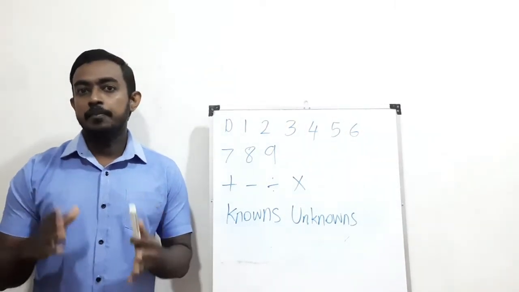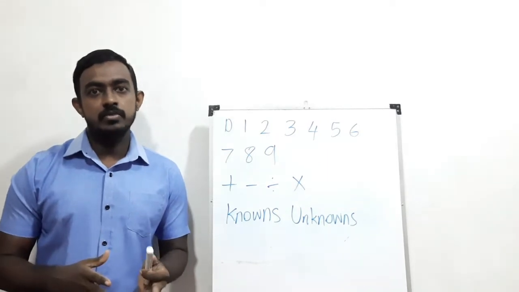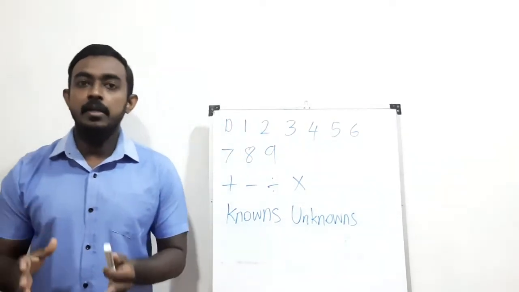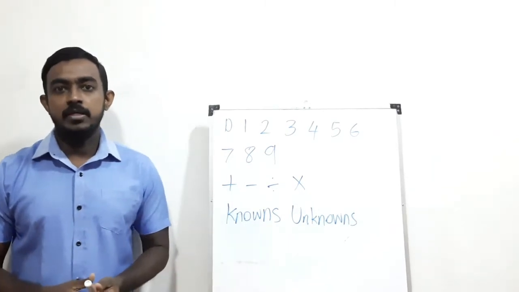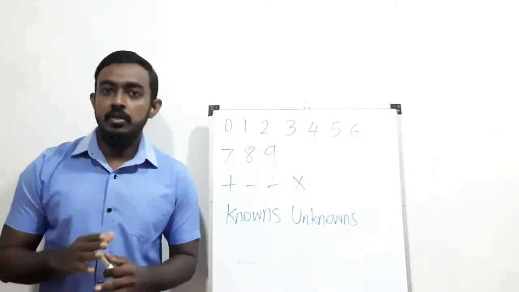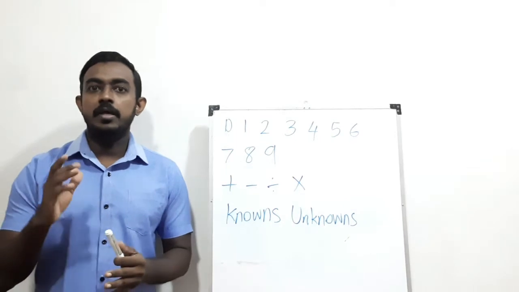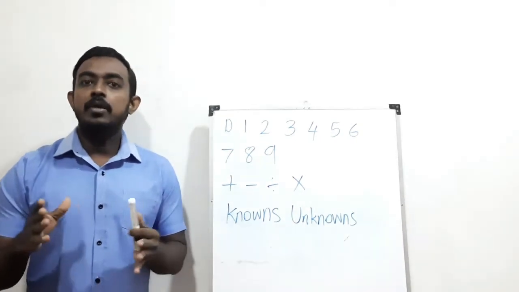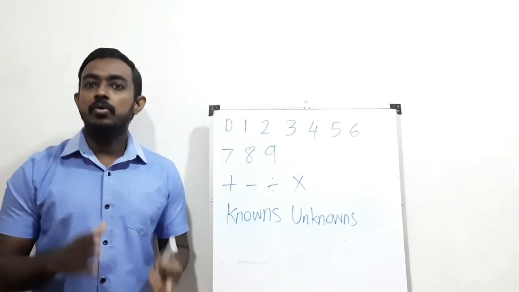To represent those unknowns, we use a simple letter of the English alphabet. Imagine I asked you earlier how many coconut trees are in your area.